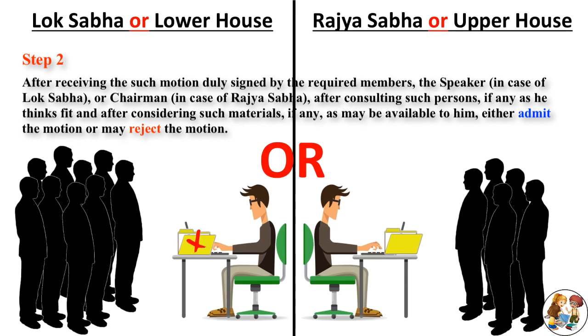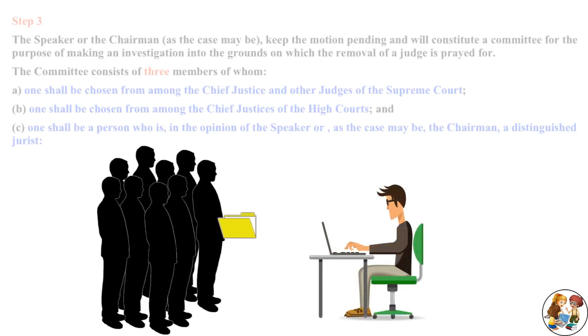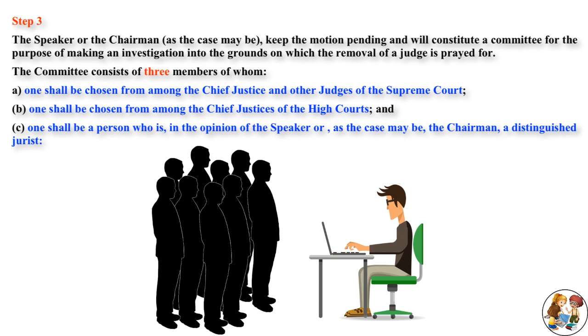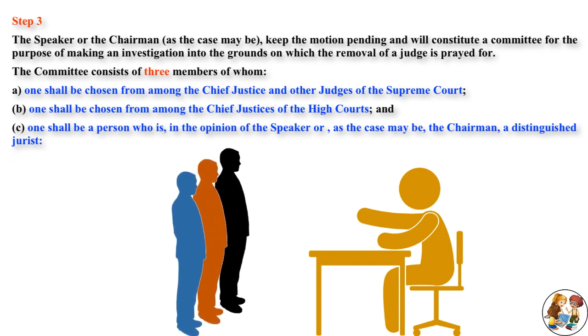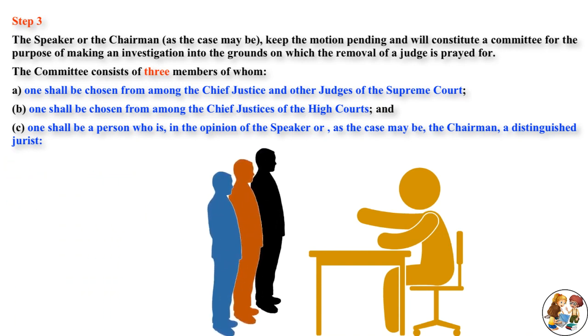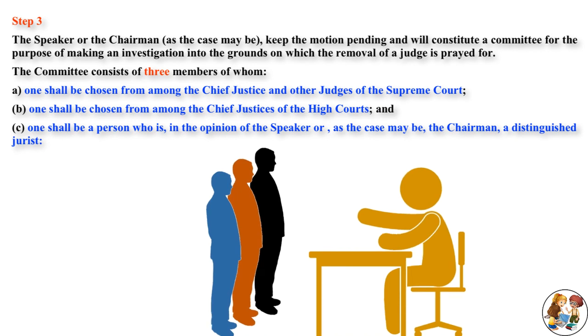However, if the motion is admitted, then the process will go to the next step. Step 3. The Speaker or the Chairman, as the case may be, keeps the motion pending and will constitute a committee for the purpose of making an investigation into the grounds on which the removal of a judge is prayed for. The committee consists of 3 members, of whom A. One shall be chosen from among the Chief Justice and other judges of the Supreme Court.